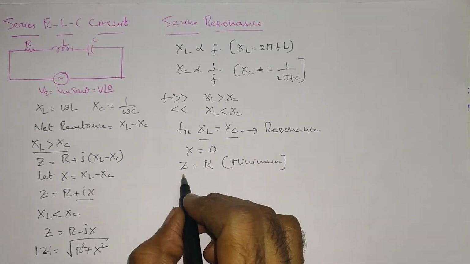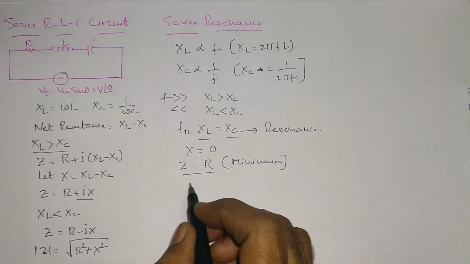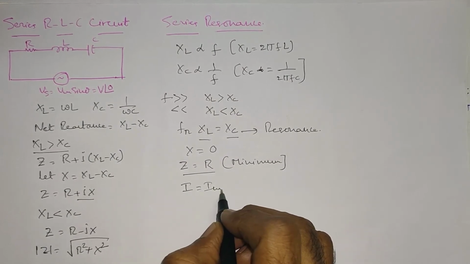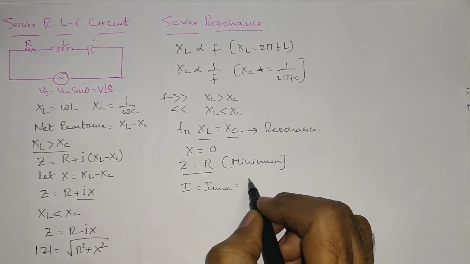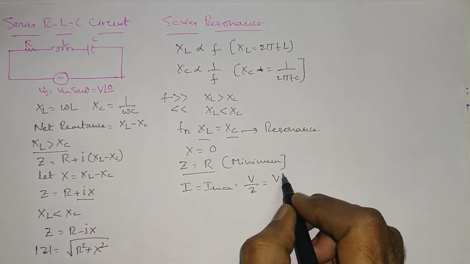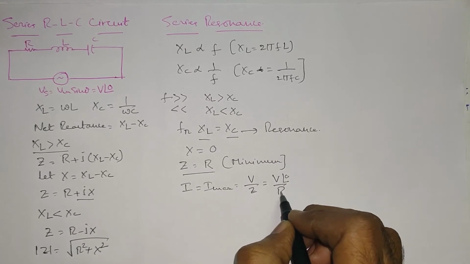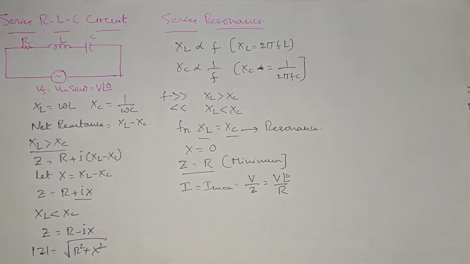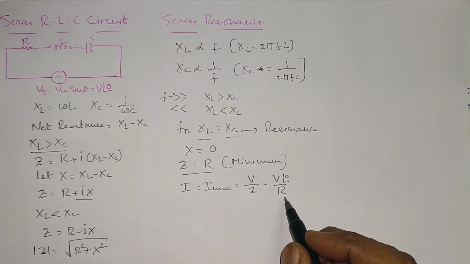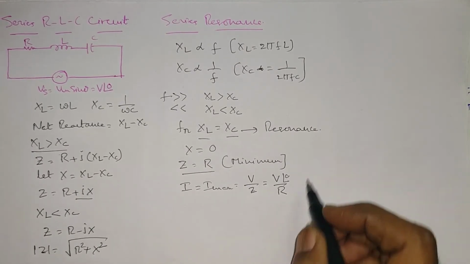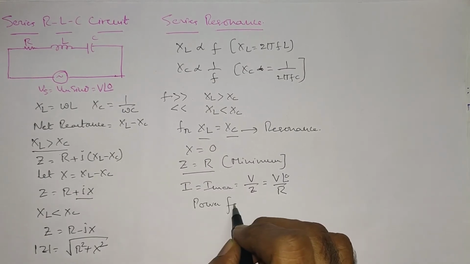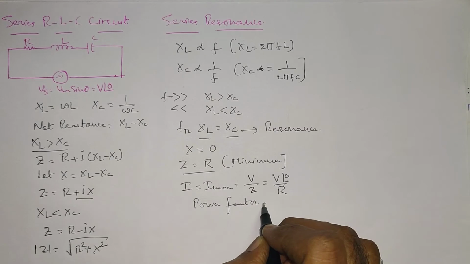As the impedance is the least, the current has its maximum value, that is I max, which is equal to V by Z. So it is V at an angle of 0 divided by Z, where Z is equal to R. The current at resonance has its maximum value, and the power factor will also be unity.